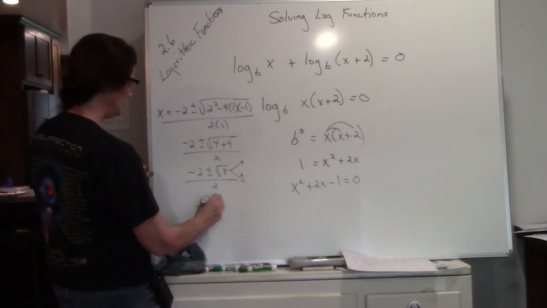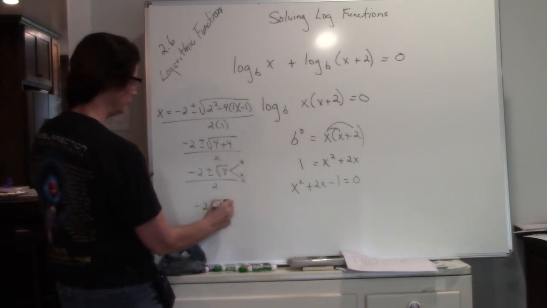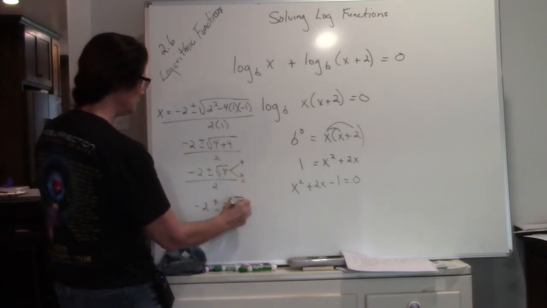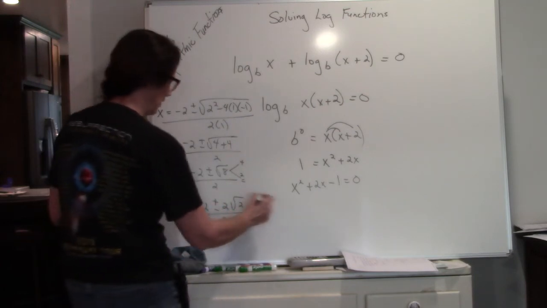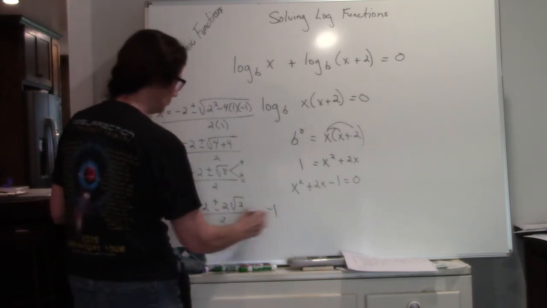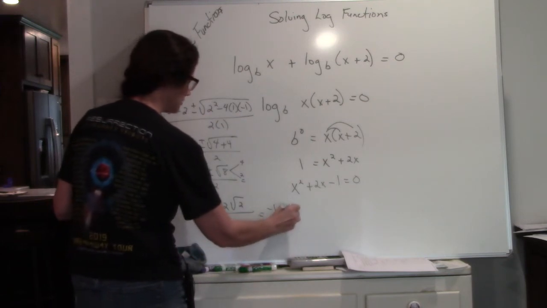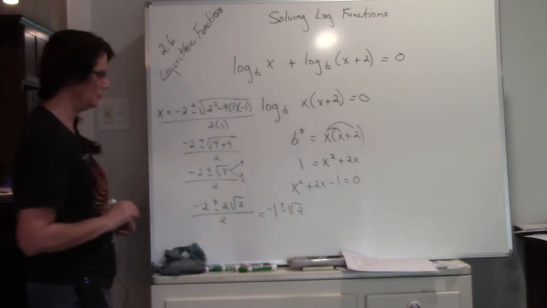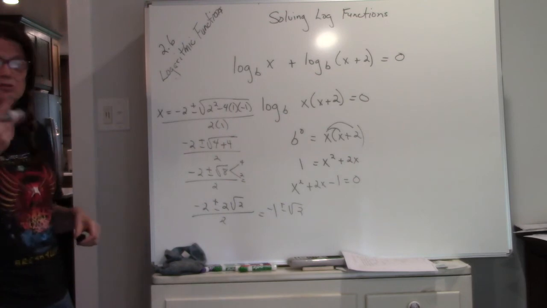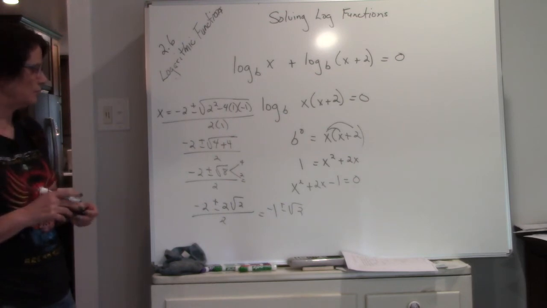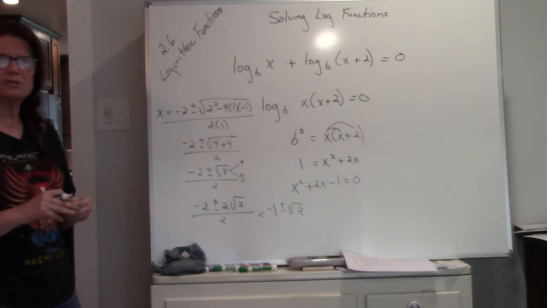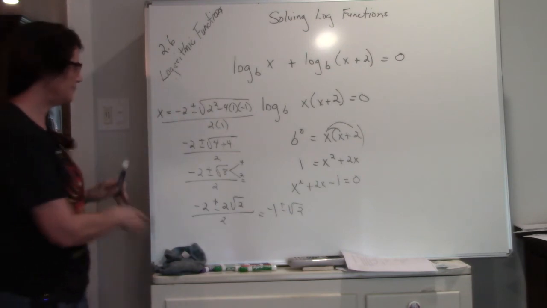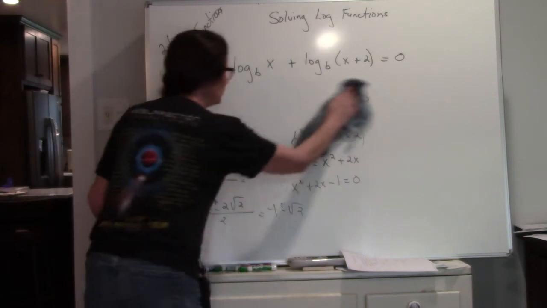So I have negative 2 plus or minus the square root of 4 is 2. This 2 stays underneath the radical, all over 2. And then I can simplify. So negative 2 over 2 is negative 1 plus or minus the square root of 2, because 2 over 2 is also 1. Okay, so those are my two values, negative 1 plus or minus square root of 2. If you can't factor, then you can always use the quadratic formula. All right? So let's try another one.